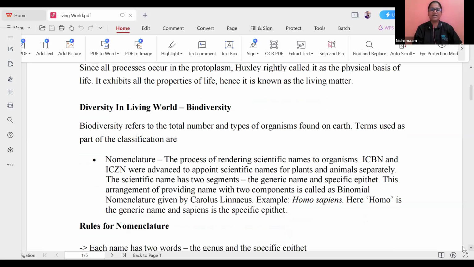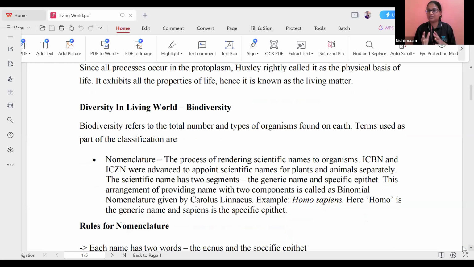Next, when we come to the diversity of the living world, we have to recall the term biodiversity, Vaividhyate anta. In living organisms we have so many varieties, which is called biodiversity.